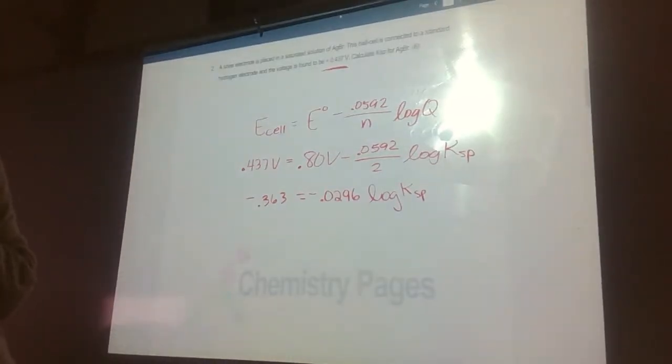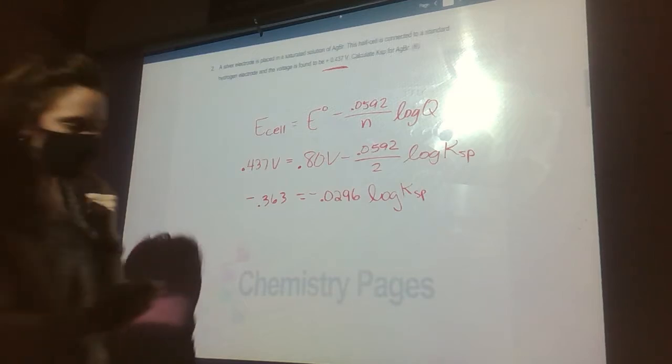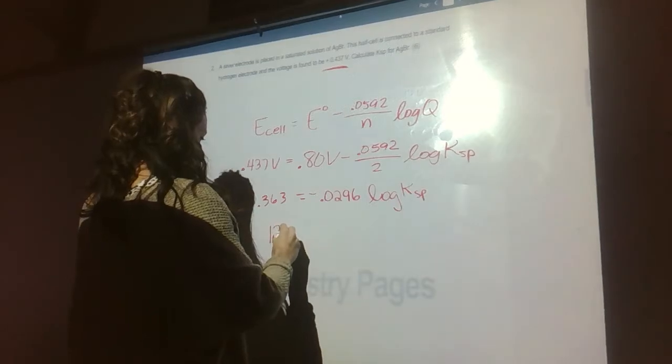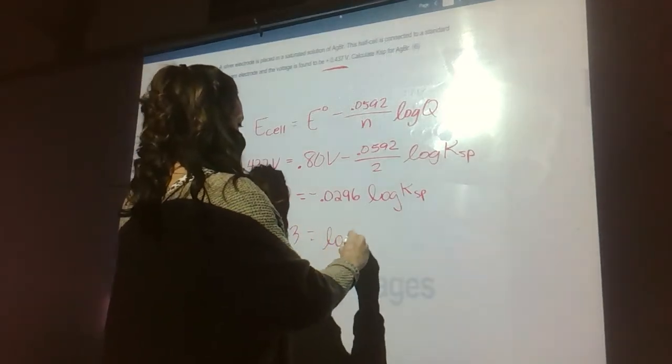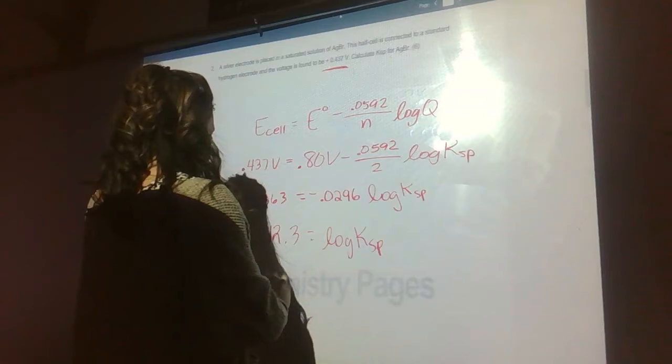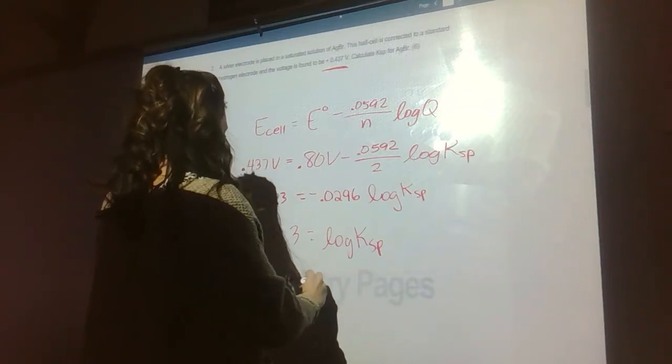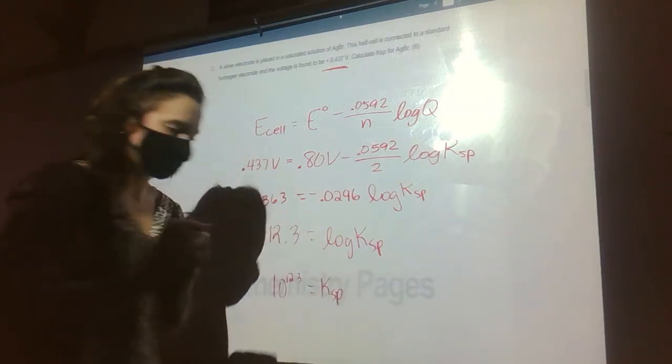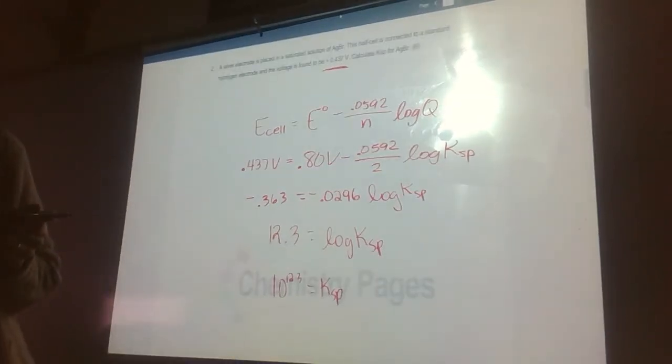So 0.363 divided by 0.0296 is 12.3, which equals the log of KSP. So then 10 to the 12.3 equals KSP. That's going to be wrong. Let me look at what I get. Sometimes these answers are off, but then sometimes I'm doing something wrong. Hold on one second.